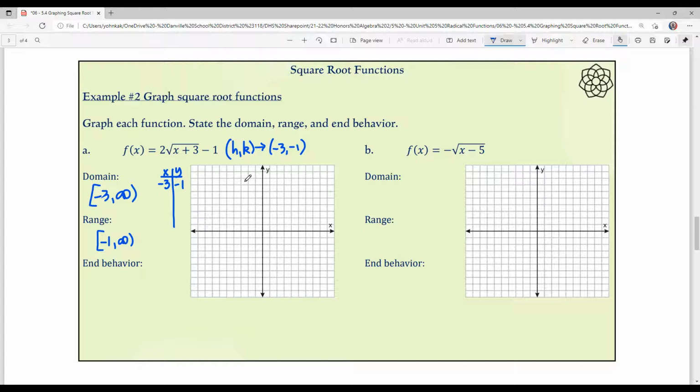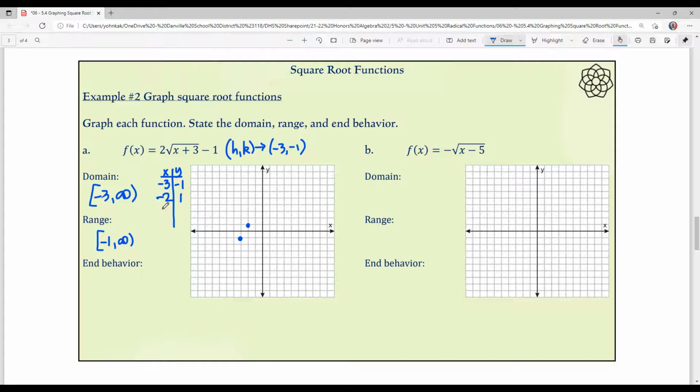Then you should go up in x value and substitute in negative 2. If I substitute in negative 2 for x, negative 2 plus 3 is 1, the square root is 1, times 2 is 2, minus 1 is 1. So now I have negative 3, negative 1, and I have negative 2, positive 1.